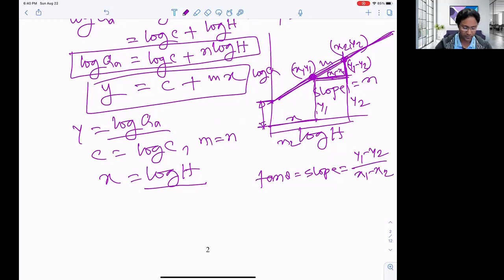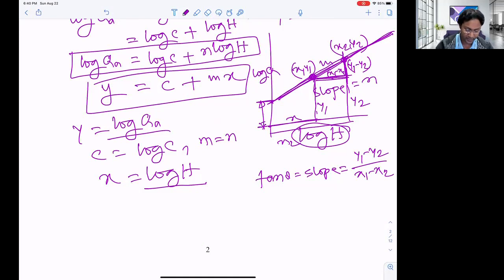If we plot in a log scale, then instead of taking y1 minus y2, we have to take log y1 minus log y2 and log x1 minus log x2.